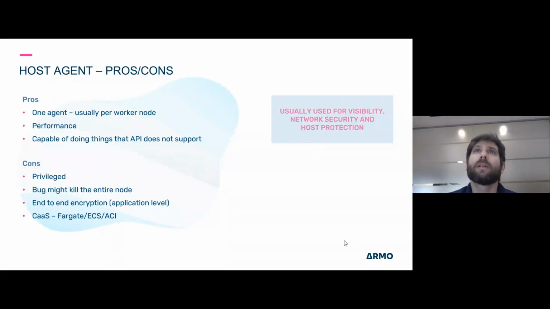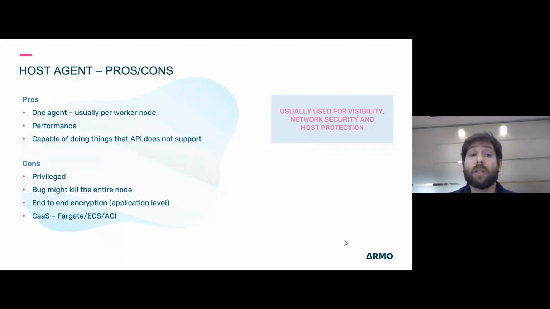The dialogue that I have had with customers during the past years always revolves around the notion of end-to-end encryption. What happens if the application is encrypting and decrypting data itself using TLS 1.3, for example?